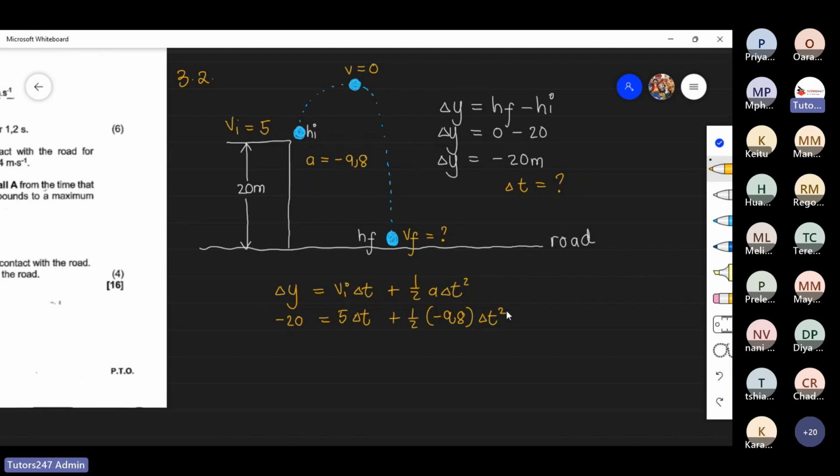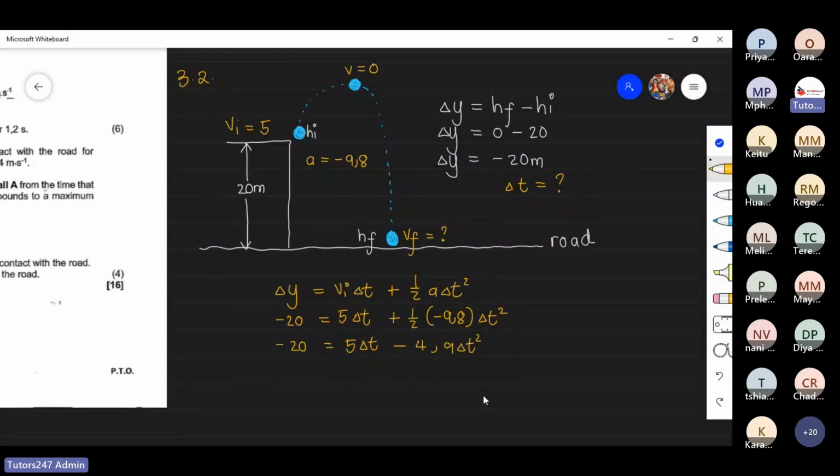So let us move everything to the left and then solve for our trinomial. But before I do that, I'm actually going to simplify my right-hand side a bit. I can multiply a half times negative 9,8. So that is going to give me negative 20 equals 5 delta t minus 4,9 delta t squared.